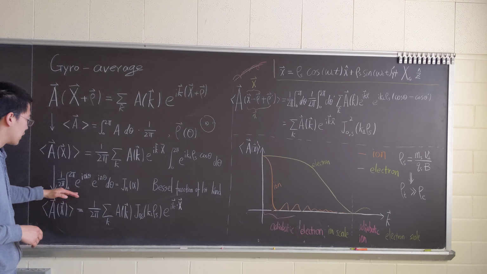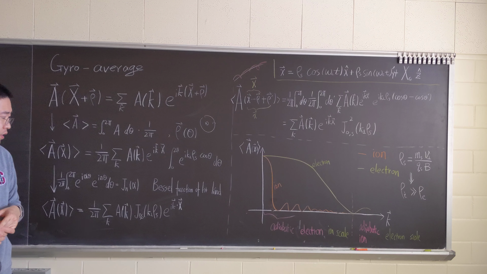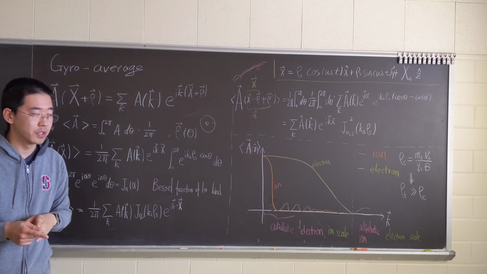So basically, we exchange this thing with a J naught, the Bessel function of the first kind of order zero. So yeah, that's how we transform the real space, by gyro averaging, to the guiding center space.